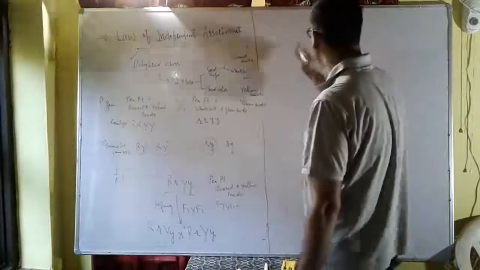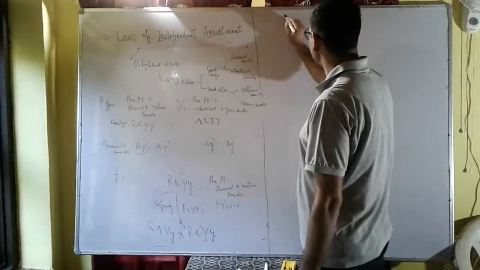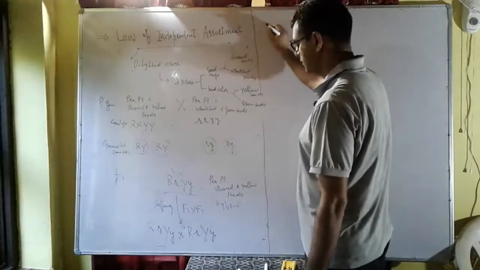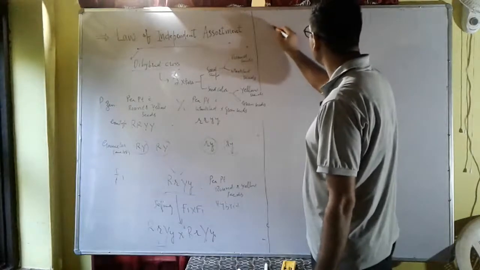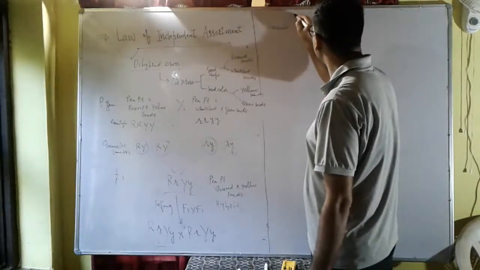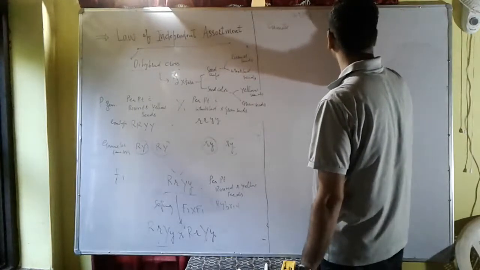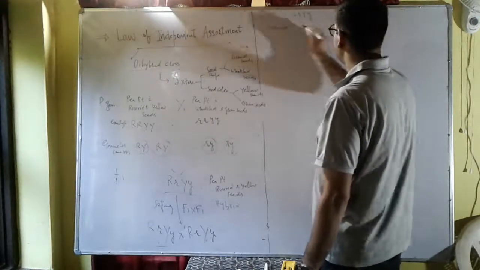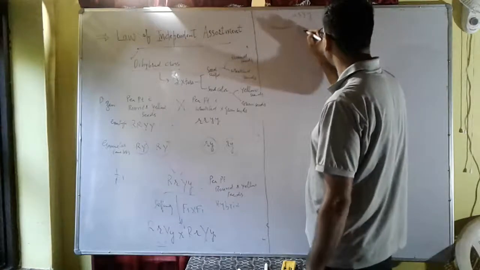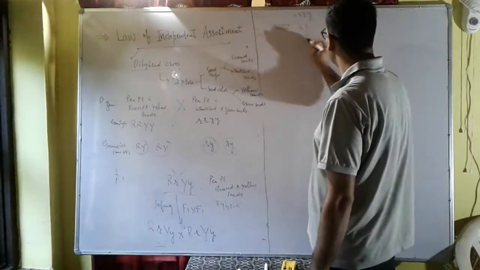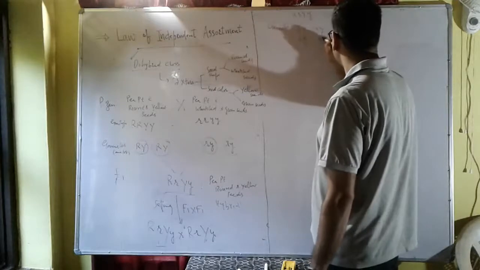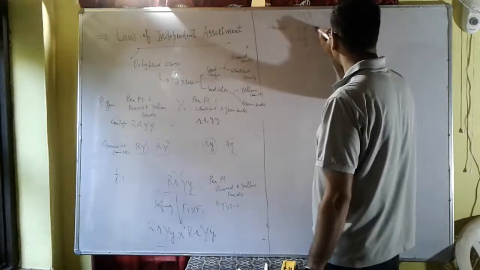Then we'll go for their gamete formation. It is capital R, small r, capital Y, small y. What would be their gametes? Capital R, capital Y; capital R, small y; small r, capital Y; small r, small y. These are their gametes.